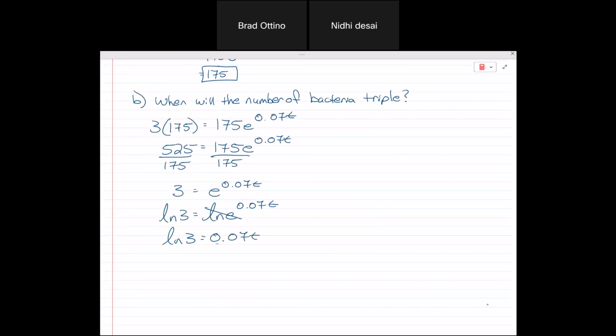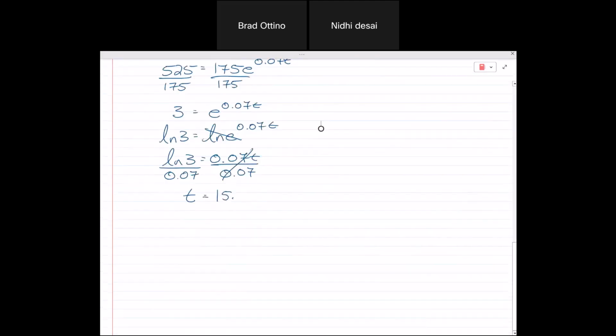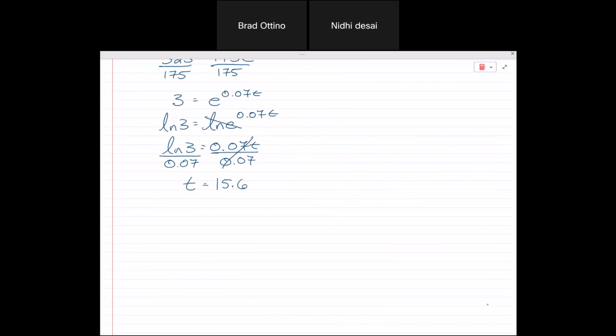And then to finish it, you could just divide by 0.07. And I'm getting t is 15.6945. So about 15.5 hours would be the answer for this.